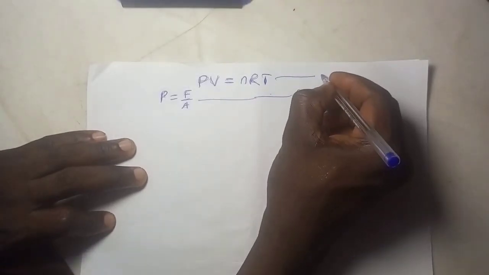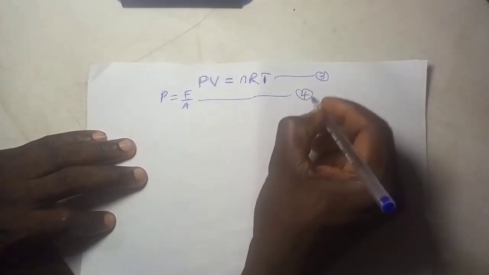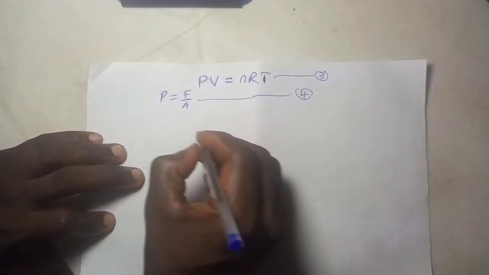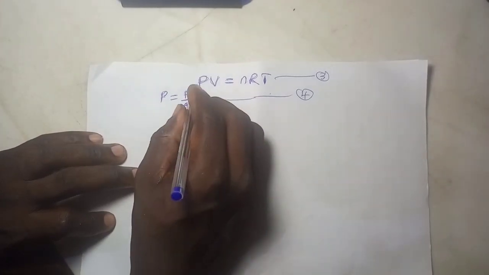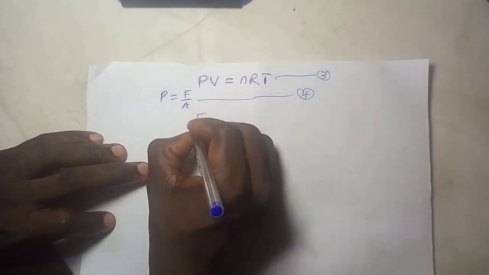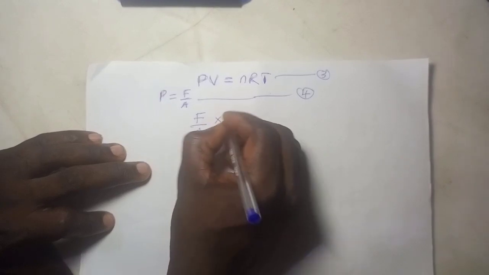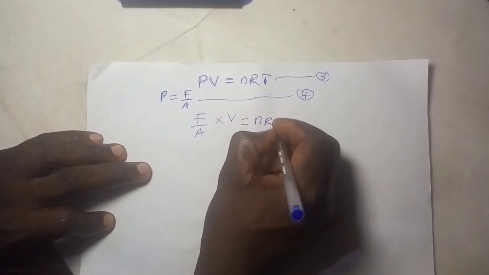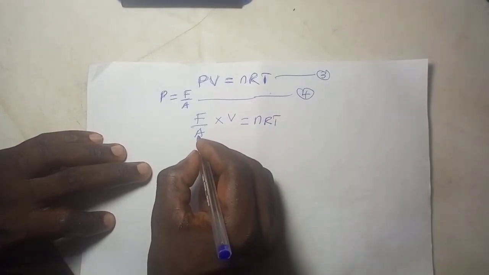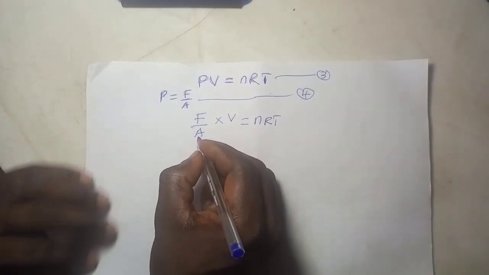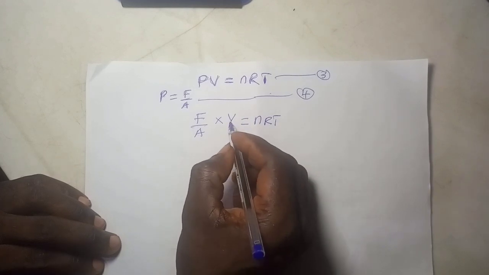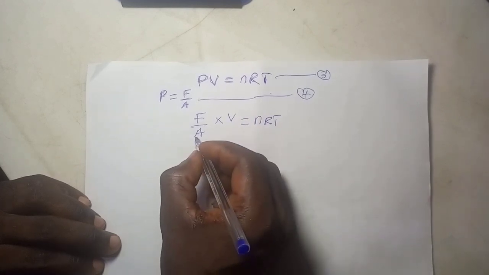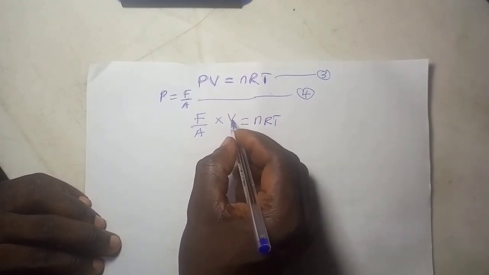Let's call this equation 3. If you substitute this into this, 4 into 3, you are going to have, what is pressure? Force over area times volume is equal to nRT. And you know, area is what? Area is length times breadth. Volume is what? Length times breadth times height.